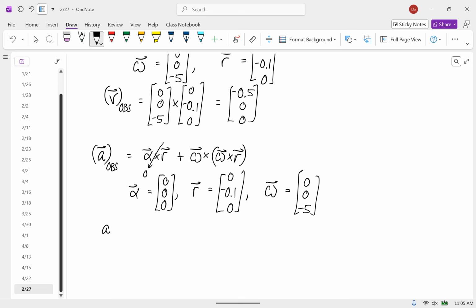And so now we can plug this in. And we get 0, 0, -5 crossed with the quantity 0, 0, -5 cross R, which is 0, -0.10.